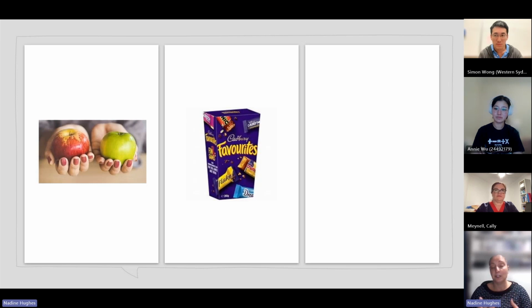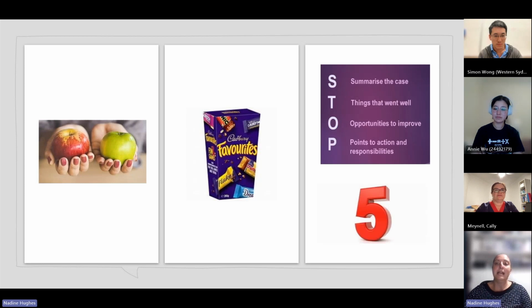And then as you practice, you might decide that you prefer another model. I prefer the Stop 5. Working in a very busy ED, it's very clear that it's only going to take 5 minutes, and therefore you're going to have more buy-in and engagement. It's also very simple, and we like simple. So that is it from a model's point of view.